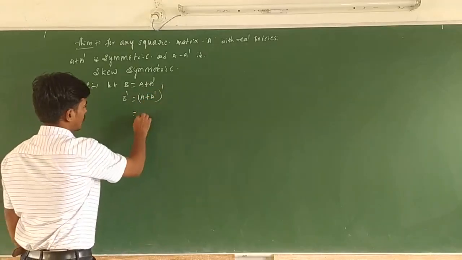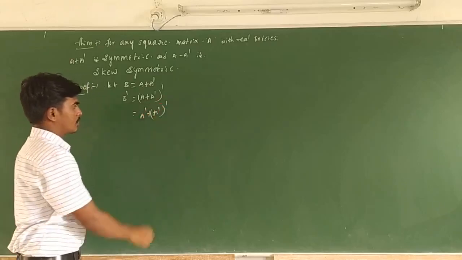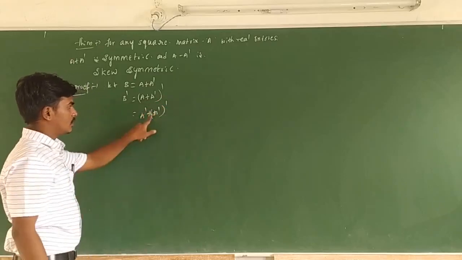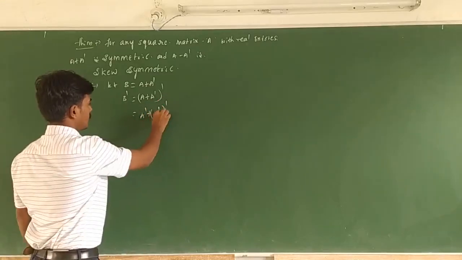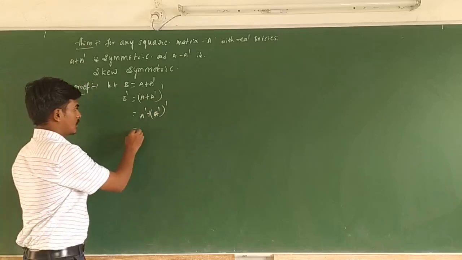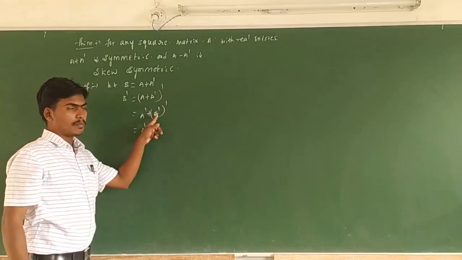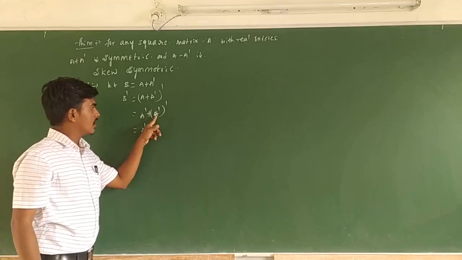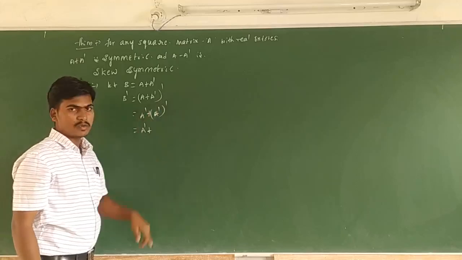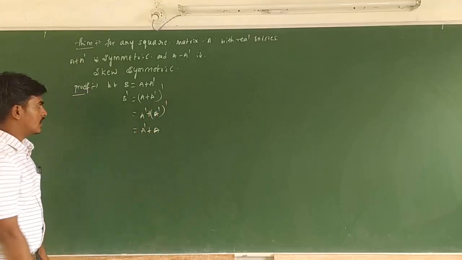What do we write? A transpose plus A transpose whole transpose, from the properties of transpose of a matrix. Which is equal to A transpose plus, again from the properties, A transpose whole transpose equals what? It is A. So what do we get?